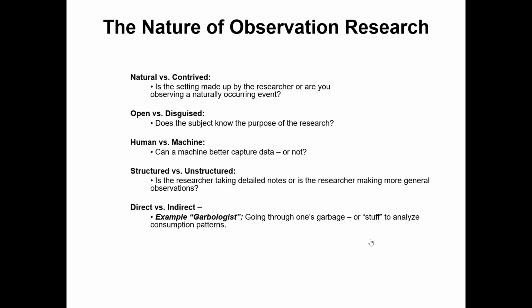Now let's look at the nature of observational research. In other words, we can look at observational research from different angles or perspectives. The first angle is to see whether observational research is natural versus contrived.